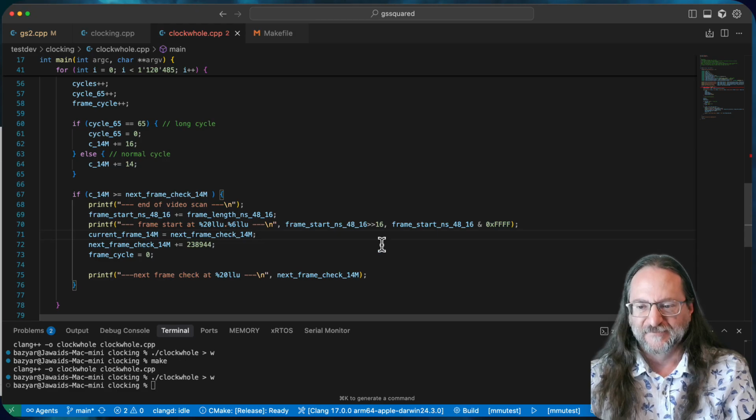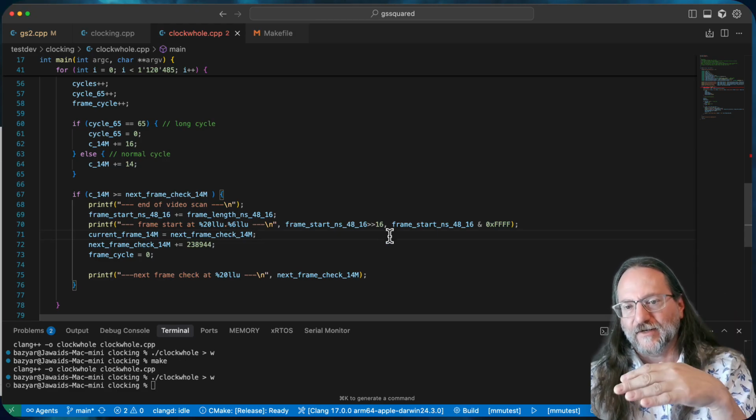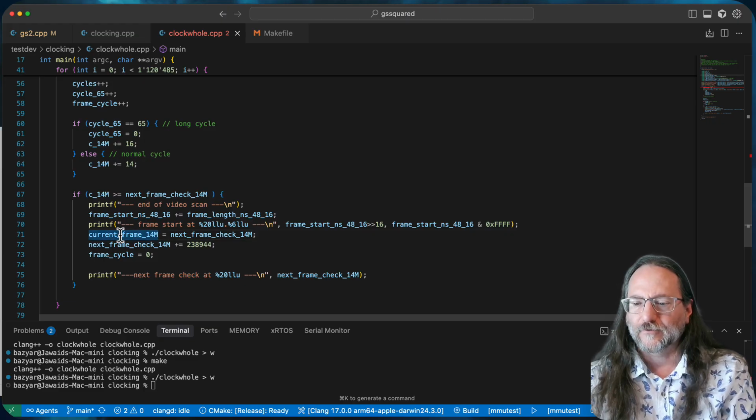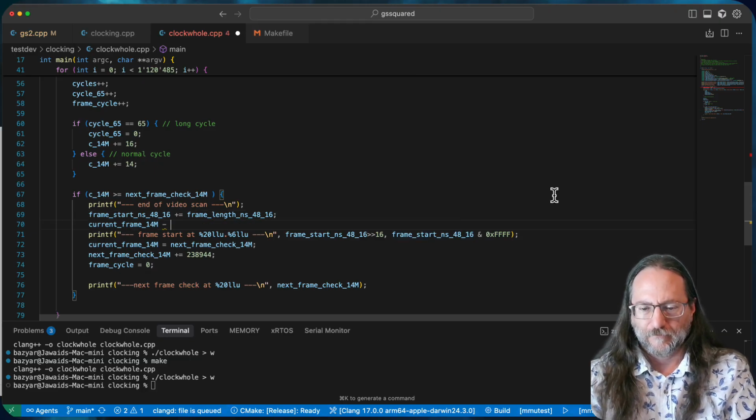So what I'm doing is keeping track not just of the start of the next frame in terms of 14Ms, but the start of the current frame in 14Ms. And then whenever I need to print it, what I do is that.